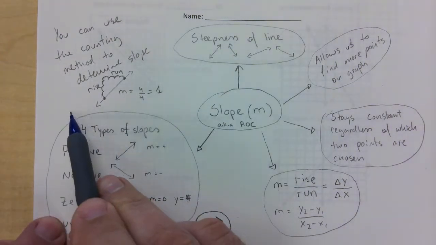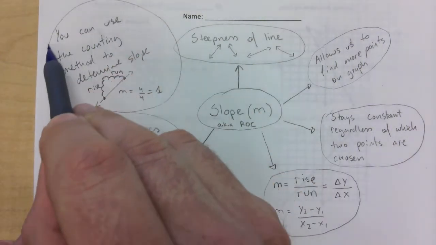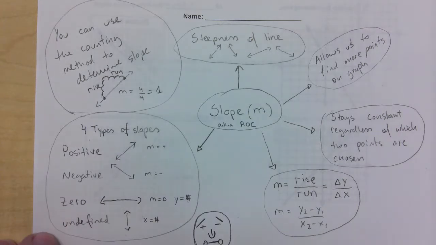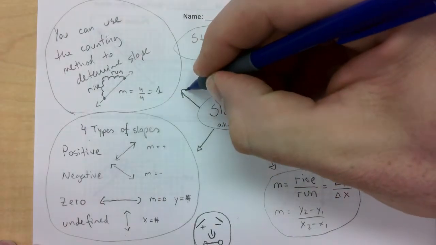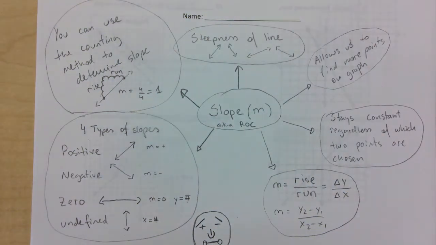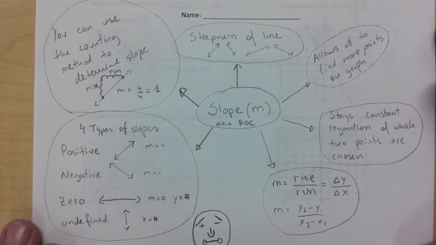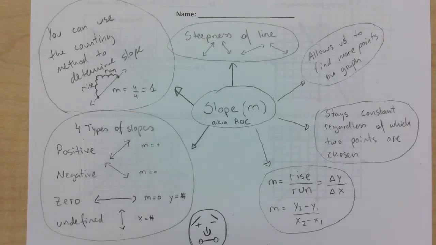So that's the counting method. Sometimes if I don't ask you to calculate that, you can just do it that way, and that's fine. So a lot of stuff here on the front page. I think that's all I'm going to say for now. I just want you to have this in mind as we move along this unit, right? I like to have that right up front there.